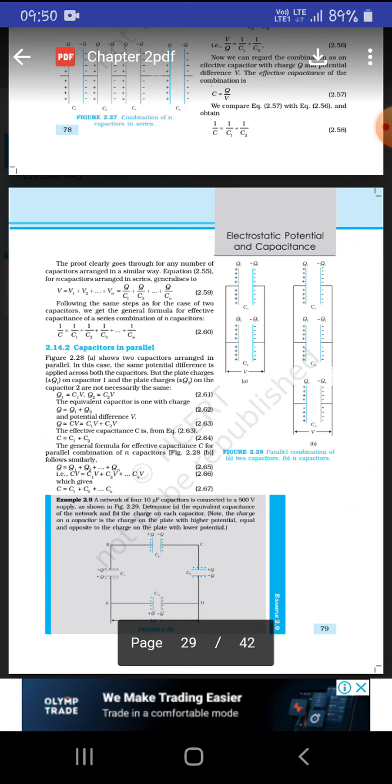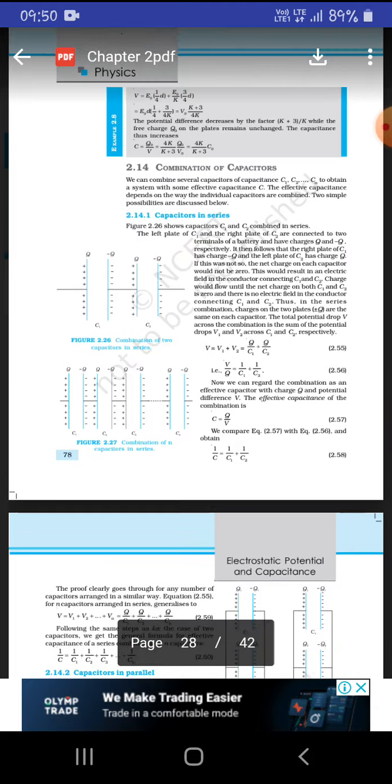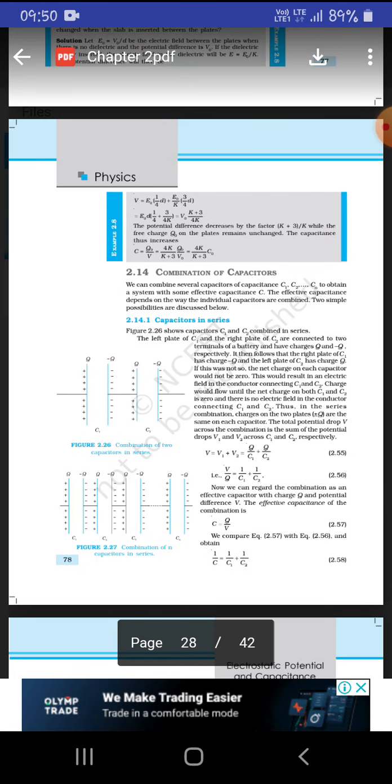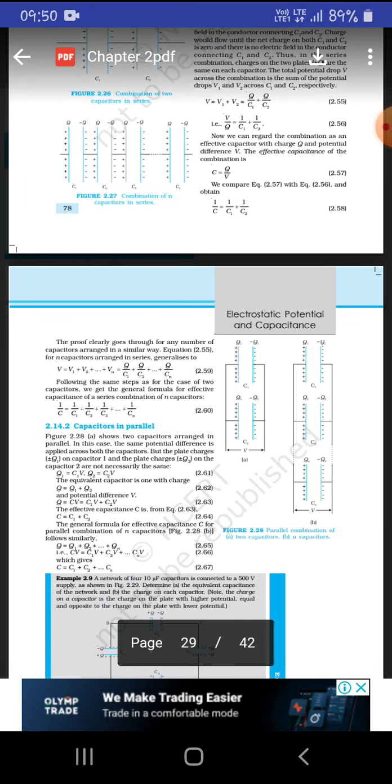Now capacitors in parallel. Parallel and series you have learned in 10th standard. In series, the capacitors are joined one after another, but in parallel they are joined across, like 1, 2 or 3.